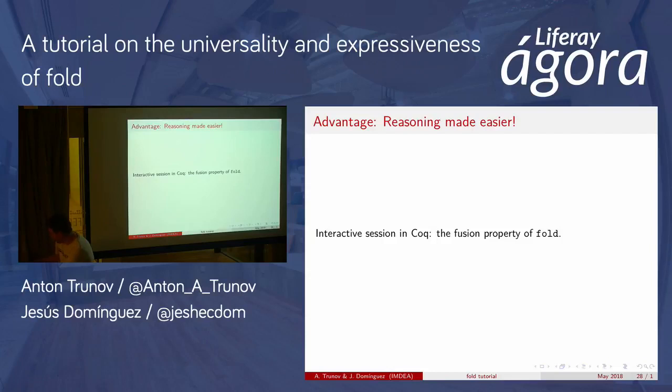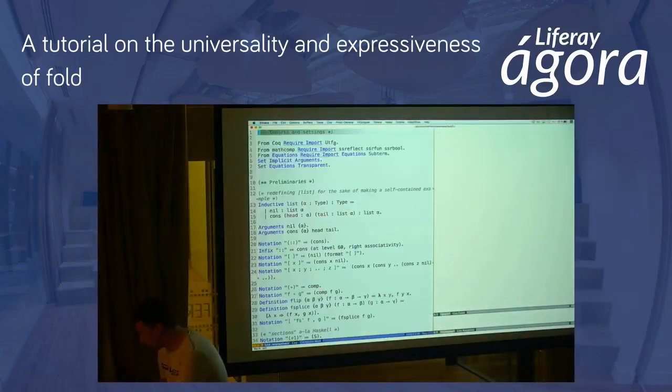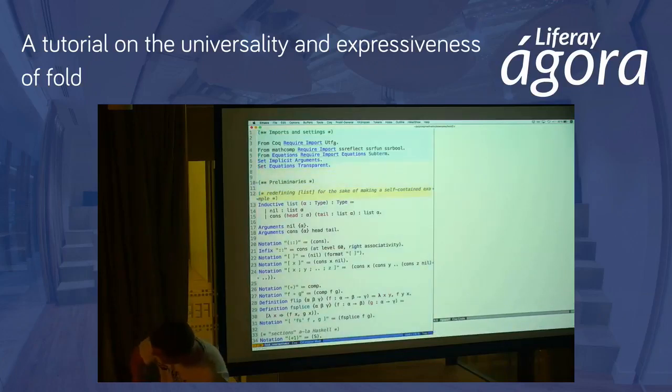So let me switch to Emacs, right? This is the tool that I use primarily these days, the thing I actually use at work every day. So this is an interactive proof assistant.